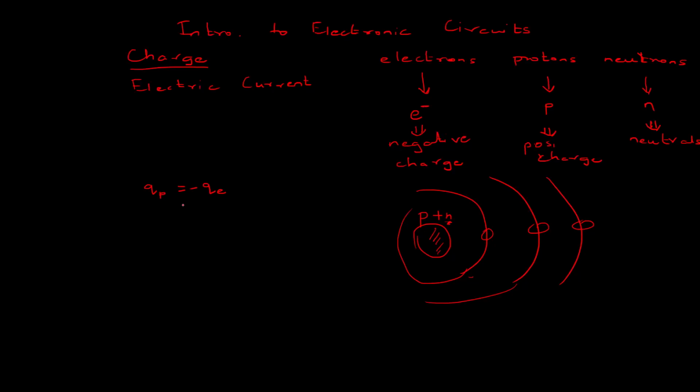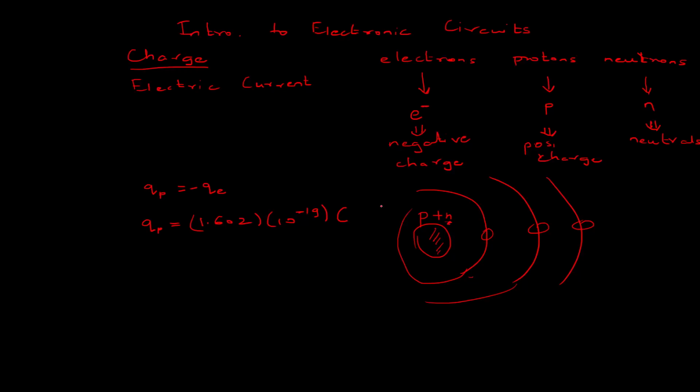So that's the charge. What is the value of this Qp? The magnitude of Qp is 1.602 times 10 to the power negative 19, and the unit for charge is coulombs. It's named after a French scientist, Coulomb.